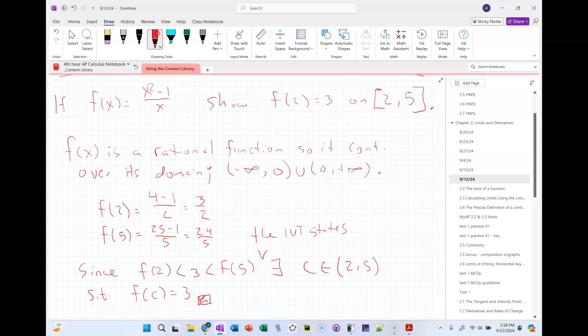So again, the steps: you show continuity, you find the x that gives you something below the y and the x that gives you something above the y. And then you just state the IVT theorem gives you what you need. That's all you need to do. And the obvious choices for the above and below are the endpoints of the interval. Check that first. It's the simplest possibility.